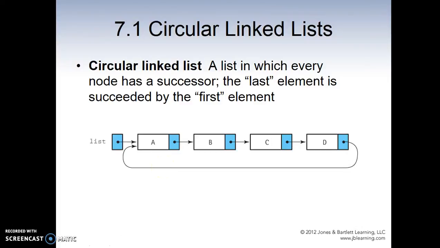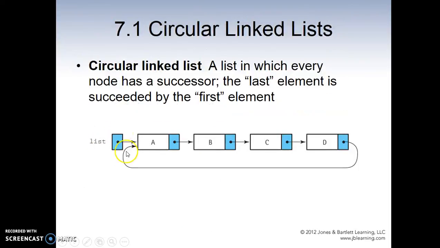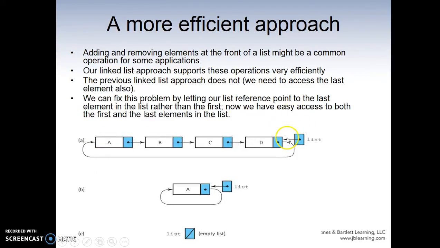Okay, so like this. Originally we have list pointing to the first node, so list is like the head. Now we can actually move list to the end, because list.getNext keeps your head the first. In that case, we can save one pointer, right?